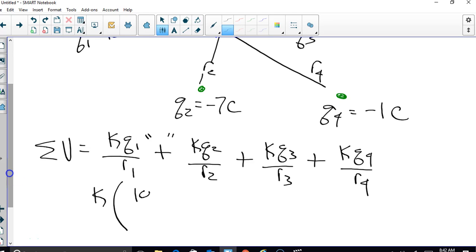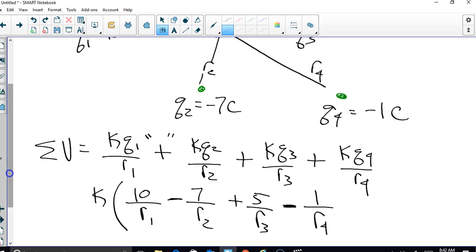Q1 was 10, so it'll be 10 over R1, whatever that is, minus 7 over R2. Why the minus? Because it's a negative charge. It's that easy. Plus 5 over R3 minus 1 over whatever R4 is. And of course, if we knew the distances, I would know those numbers.